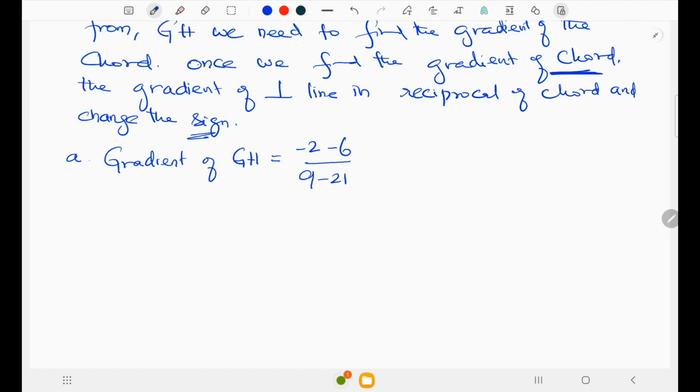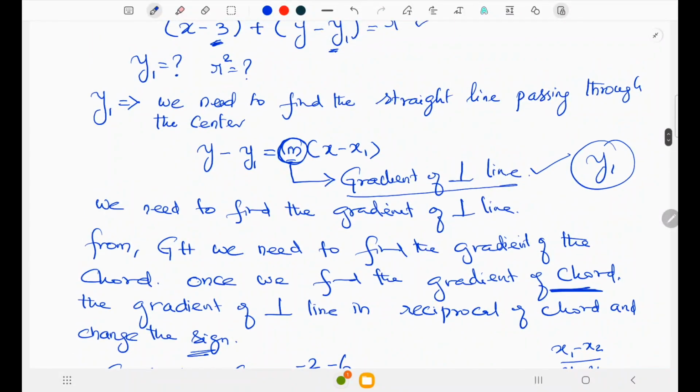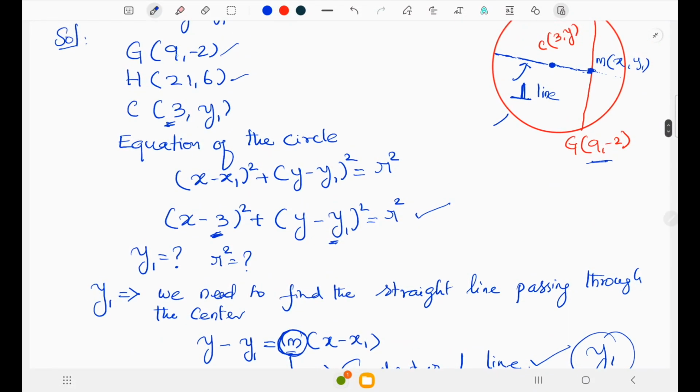What is the gradient formula? The gradient formula is x1 minus x2 divided by y1 minus y2, already you know that. G and H we have here 9, minus 2, and 21, 6.